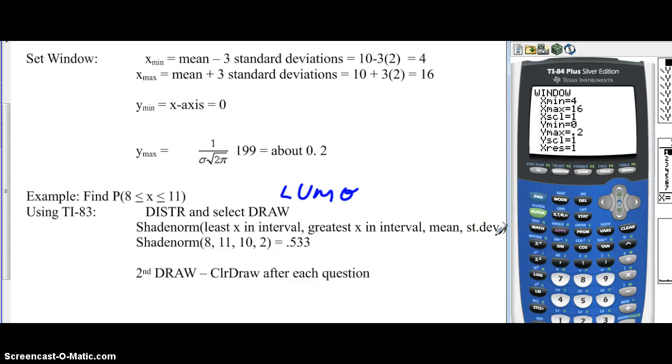So we're going to go to distribution. So second vars will be distribution, and then go over to draw. Now we're going to hit shade normal, and we're going to input our data of 8 for the lower limit, 11 for the upper limit, and then 10 for the mean, and then 2 for the standard deviation.